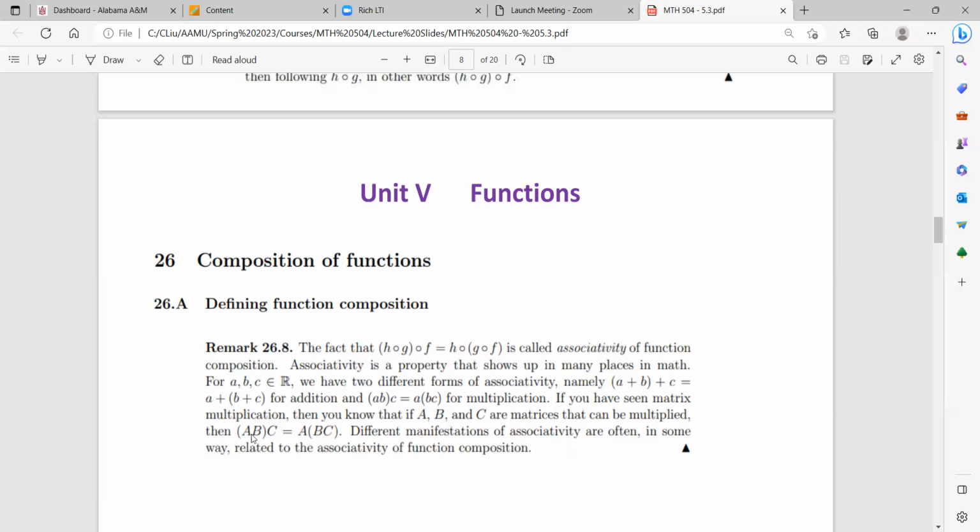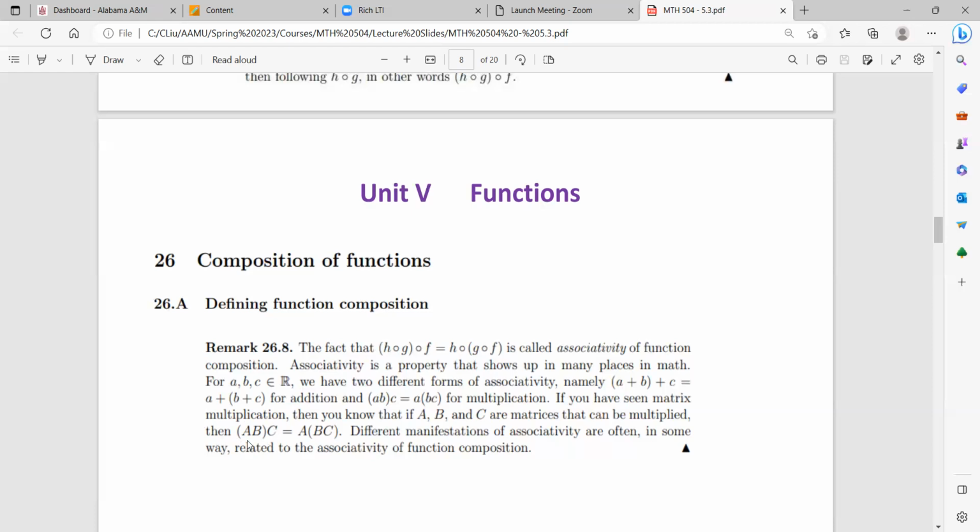If you multiply three matrices A, B, and C, if their multiplications are defined, which requires some conditions on the dimensions of the matrices, then the associativity also holds.